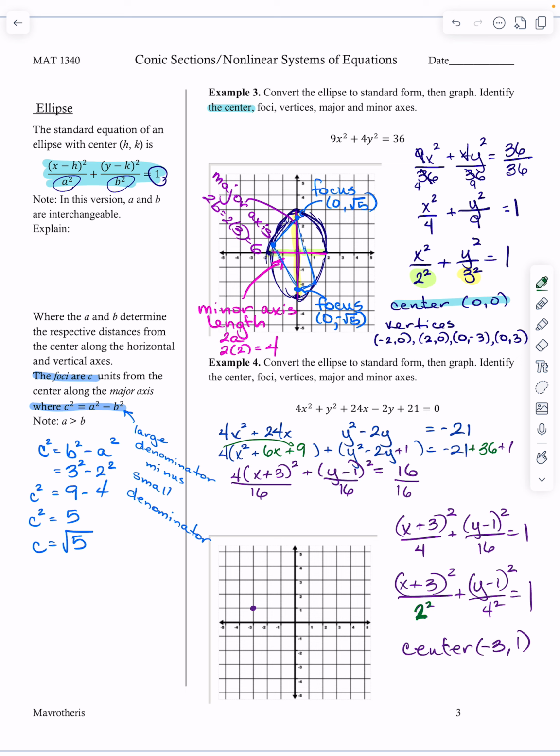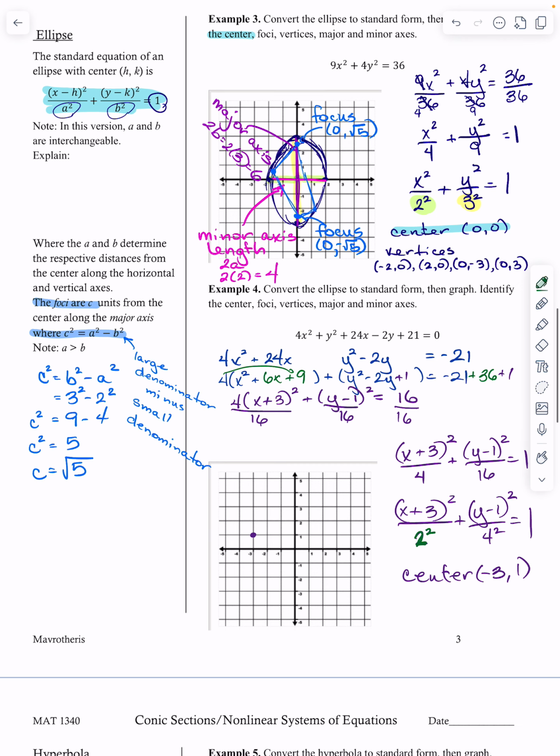And see if we can color code. Again, the 2 is under the x. That means 2 to the left, 2 to the right. The 4 is under that y. That means 1, 2, 3, 4 up. 1, 2, 3, 4 down. Here's my ellipse. Again, kind of that upright egg.